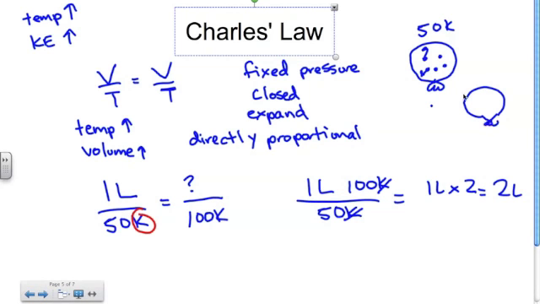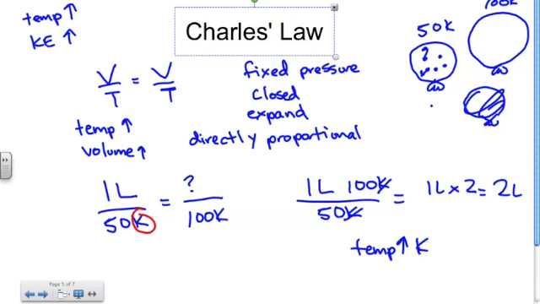That causes the container to want to expand. And so that's why this balloon will double in size at 100K, because increased temperature means increased kinetic energy, which means increased frequency of collisions.